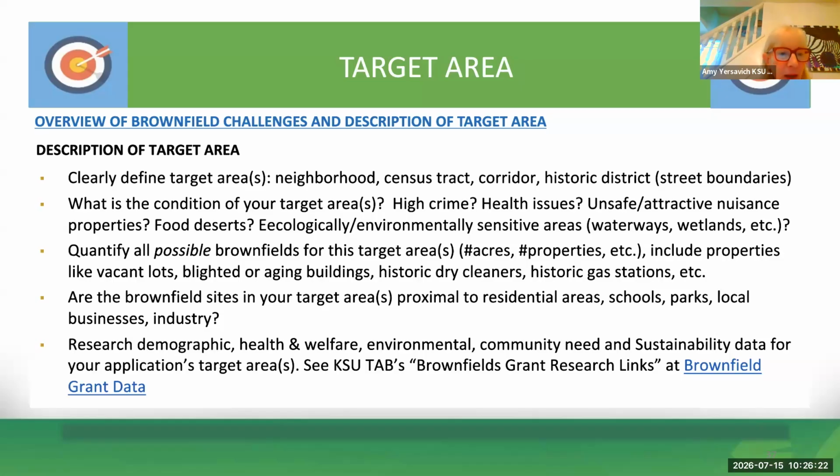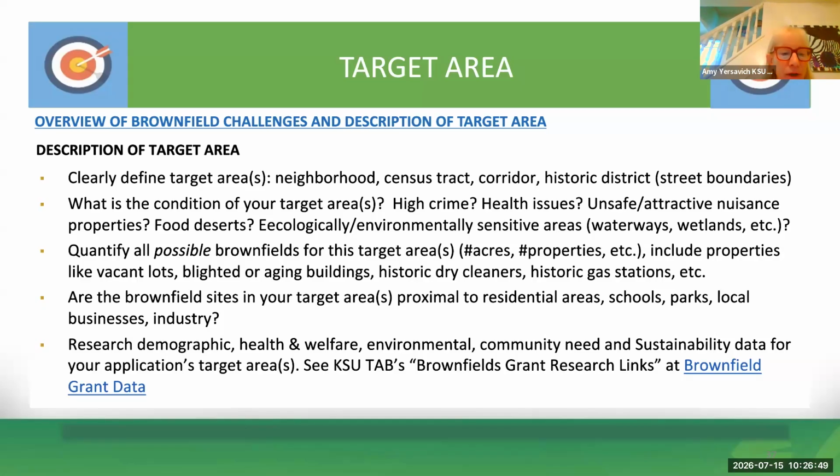And the condition, you want to talk about different things like, do you have health issues? Do you have high unemployment, crime rate, that sort of thing. To the extent possible, quantify all those, and the brownfields in this target area. And if you can give information about number of acres, what are they, mostly vacant lots?